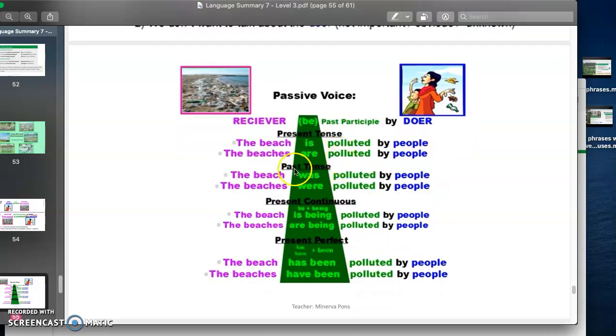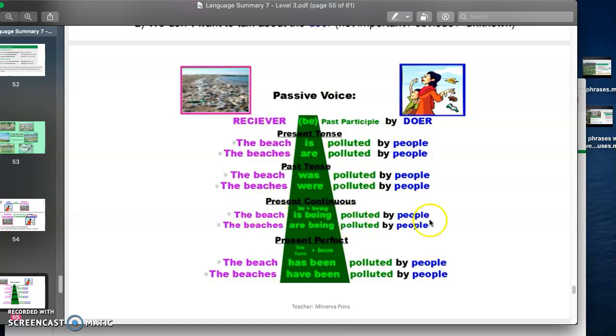In the past tense, we are going to be using was and were. The beach was polluted by people. The beaches were polluted by people. Because in this case, remember, third person singular, and then this is plural. Then we have the present continuous. The beach is being polluted by people.